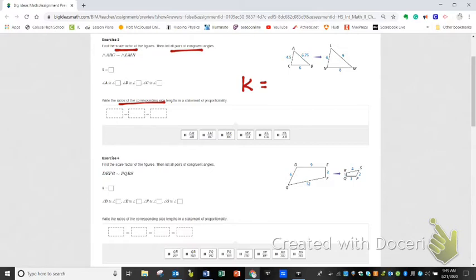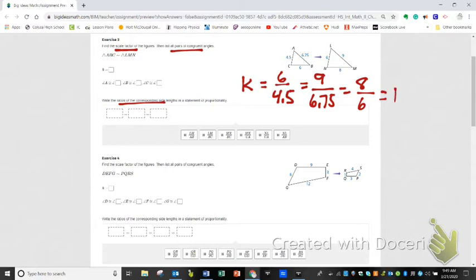So the first one, if we take 6, which is LN, and it corresponds to 4.5, which is AC, and 9, which is LM, corresponds to 6.75, which is AB, and 8, which is NM, corresponds to 6, which is CB. All of those fractions have the same value.